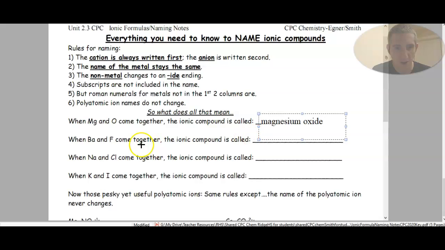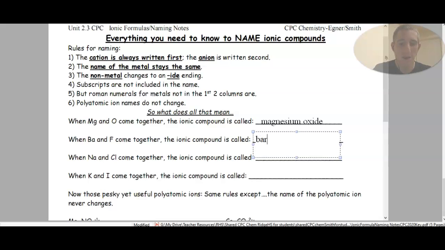But for now, let's talk about Ba and F. Ba is barium, B-A-R-I-U-M, again straight off the periodic table. And F is fluorine. Again, rule 3: the metals get to keep their name, but the nonmetals change a bit.